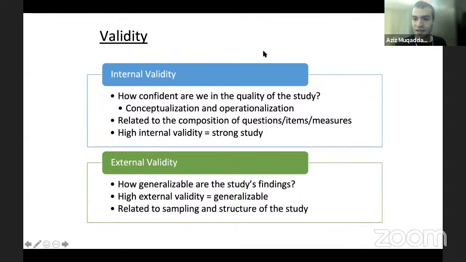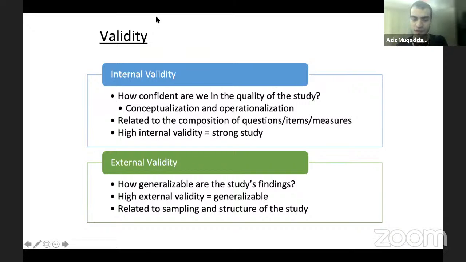Validity, we said there were 2, so we already covered one, by the way, which had to do with the sampling. We call that generalizability or external validity, remember? So external validity is like, can we generalize the study findings? So for example, people who play violent video games show more aggressive behavior.